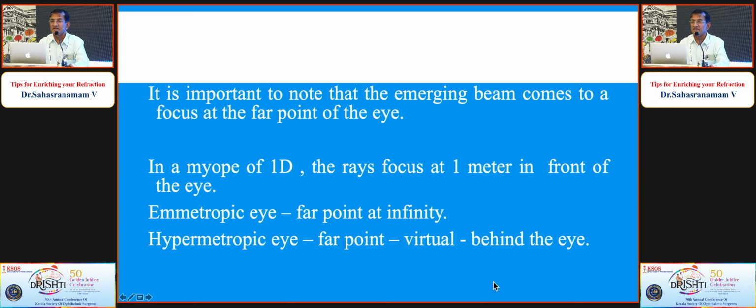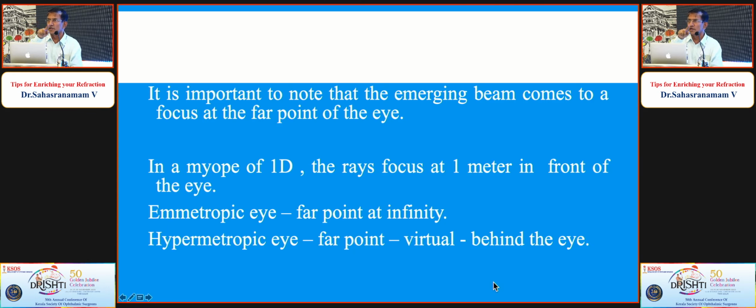If the patient is myopic by 1 diopter, his far point is at 1 meter. So when you are seated 1 meter in front of the patient, and the patient is in front of you, if he is myopic by 1 diopter, even when you start the retinoscopy, you find that it is neutralized, because the patient's far point is your working distance.